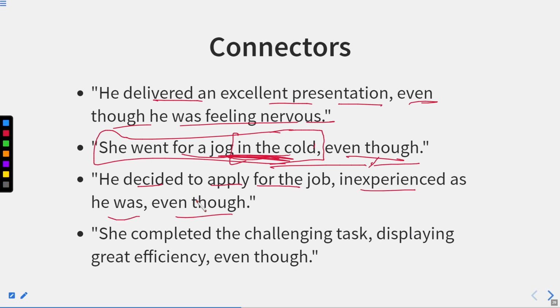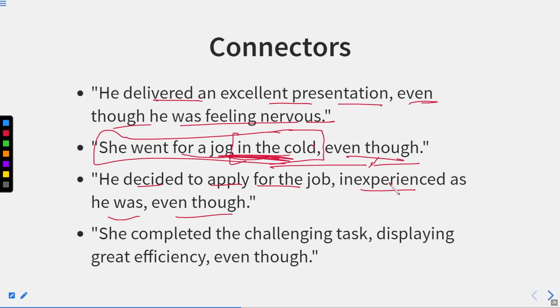So when we wrote the sentence as he decided to apply for the job even though he was not much experienced, it can be written in this manner as well: he decided to apply for the job inexperienced as he was even though.